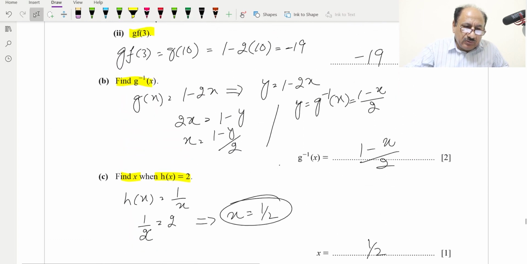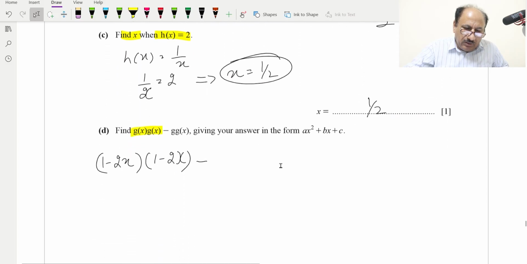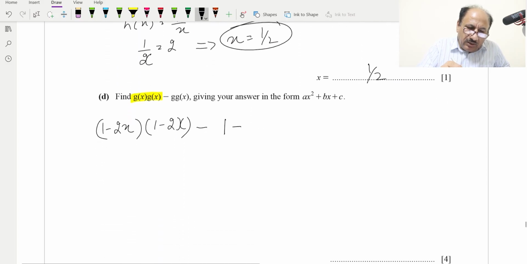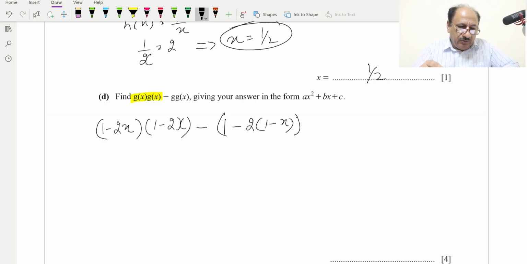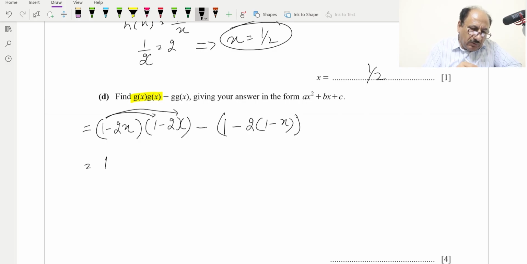So 1 minus 1 minus 2 of 1 minus x. So we can put brackets over here. Now this is what we have to find. So we can multiply 1 with 1, so this will be 1, then 1 with minus 2x, so it will be minus 2x, then minus 2x with 1, so minus 2x again, and minus 2x with minus 2x will be plus 4x squared.